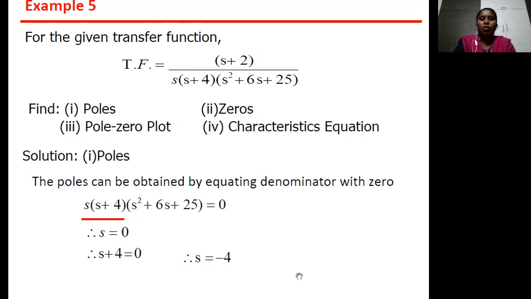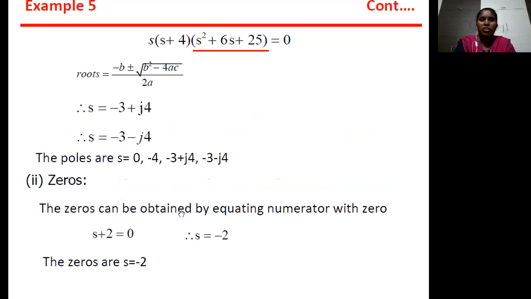After that, I have to obtain the roots for this particular term, that is s square plus 6s plus 25. For obtaining the roots, I have to consider that term equal to 0. Directly I am unable to determine the values by using the splitting method, so I am going with the formula method.